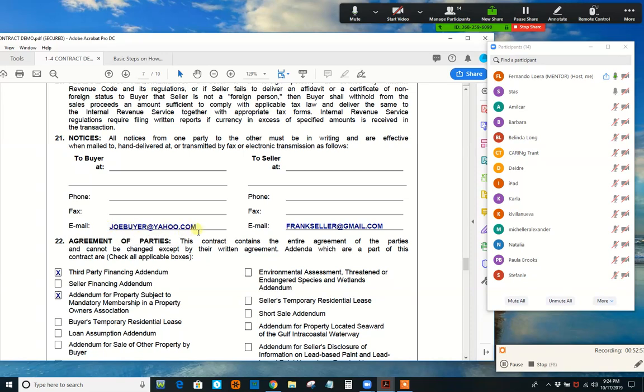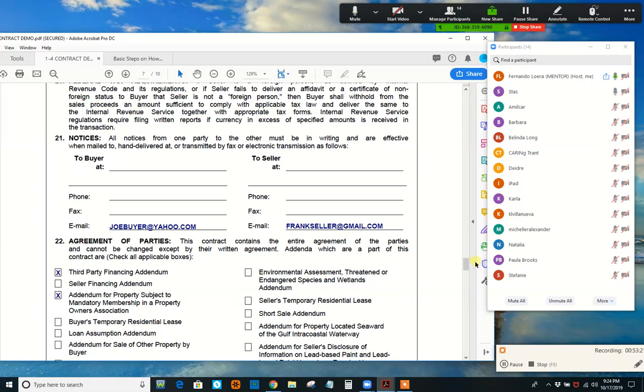Strike it out, and then put the new email address, for example, and then put initials. Never use whiteout. Always strike out and add, and then put initials. Initials for whom? For everybody? From the buyer and the seller. Buyer and seller, okay.